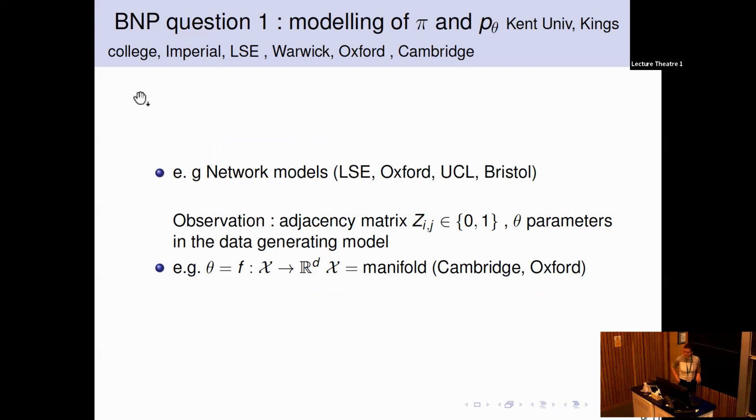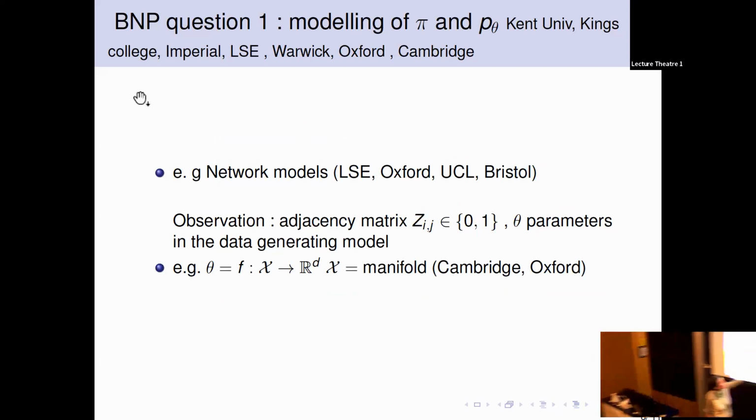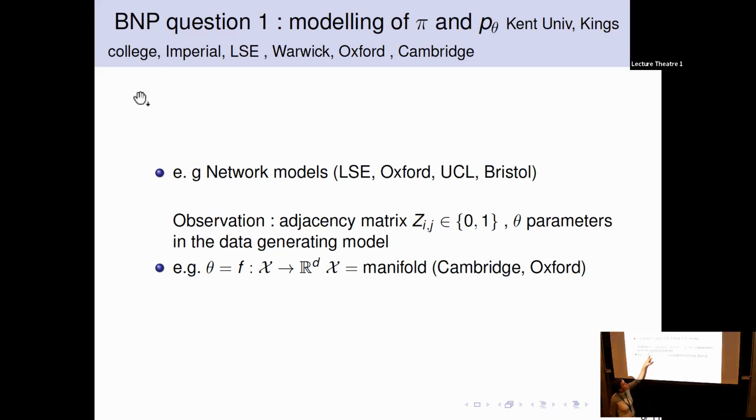Another example is simpler to understand in a sense. You have a regression model, y equals f of x plus epsilon, for instance. But you want to construct a prior on f when f lives on an x which is very weird, for instance a manifold. How can you construct a function that lives on a manifold?